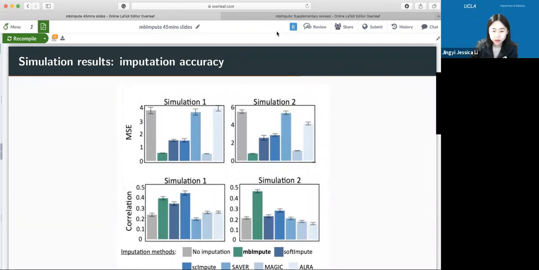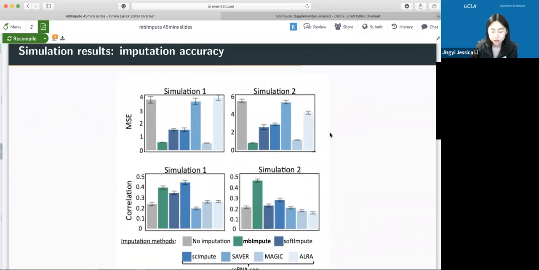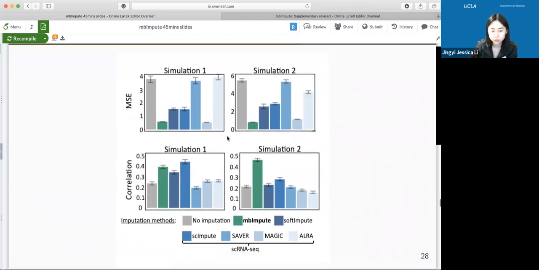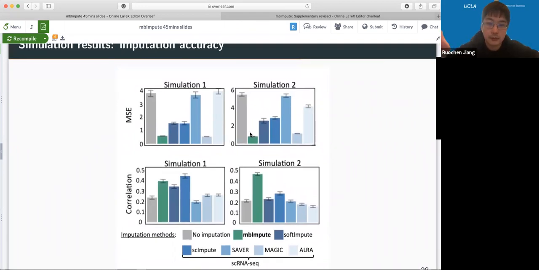So probably Ruochen can explain what each figure is, what the name of the figure is, and why you use it for illustrating the results. Yes, so the first type of figure is called a bar plot. Each column corresponds to a value you can read from the y-axis.